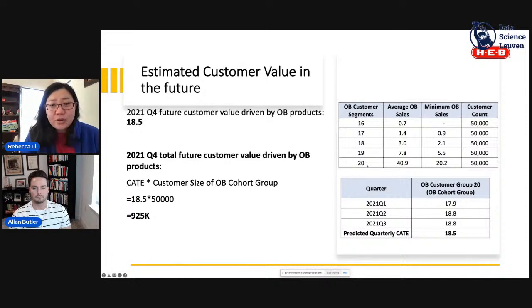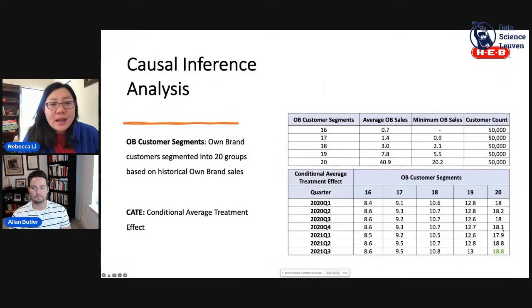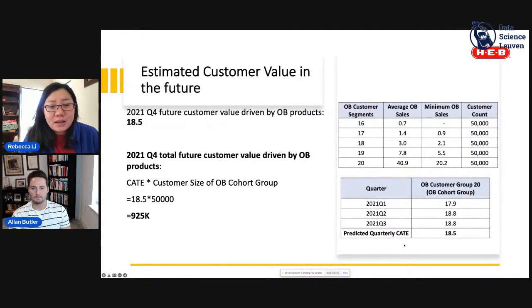And then we can focus on group 20 to get some conclusions. If we just focus on group 20, we can get the CATE for group 20 for each period, right? Because we want to do the prediction, we just pick the quarters in 2021.